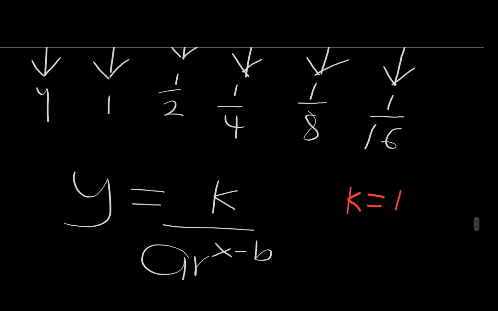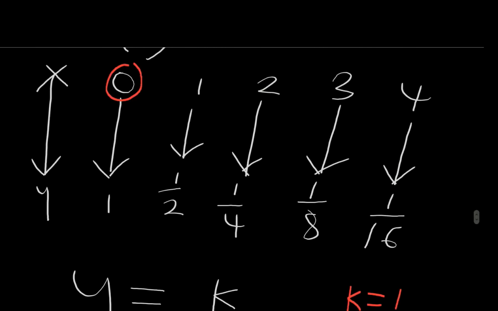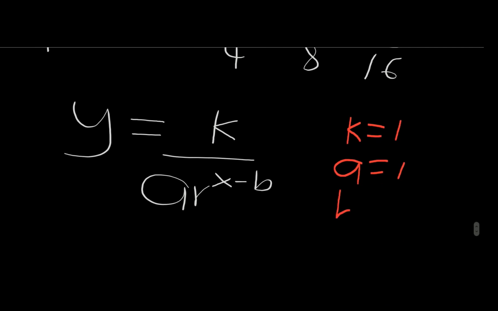Good. And a is the first element in the codomain. So a will be equal to 1. b is the first element in the domain. So our b will be equal to 0.